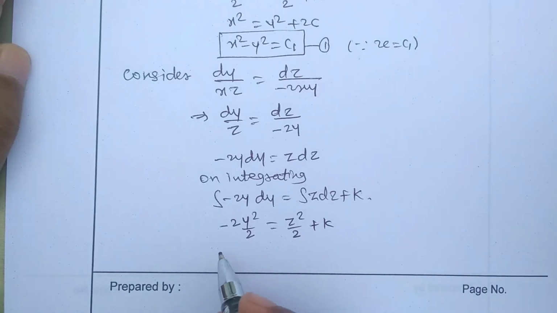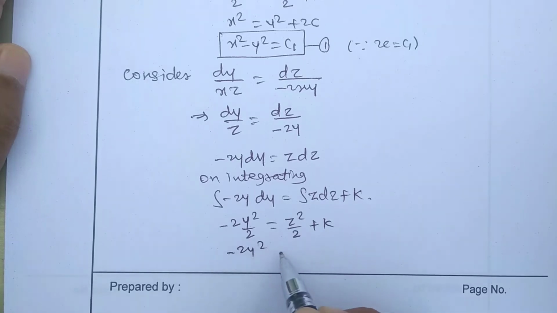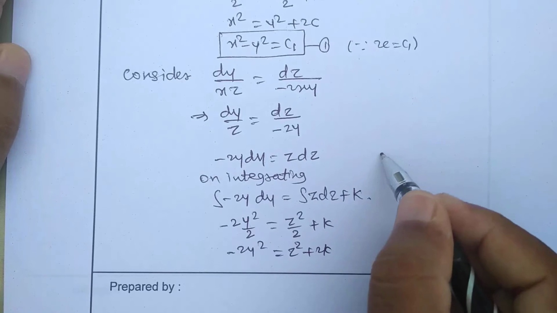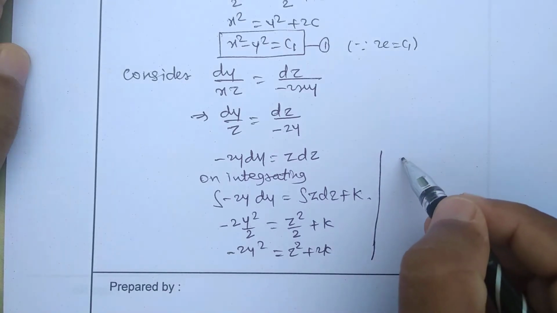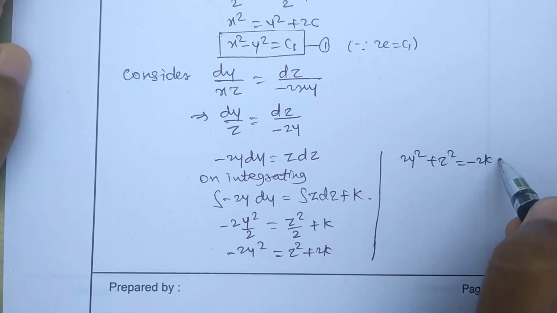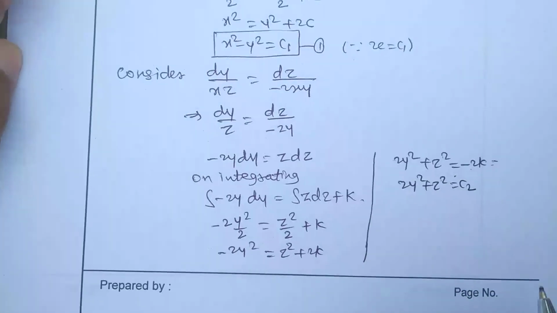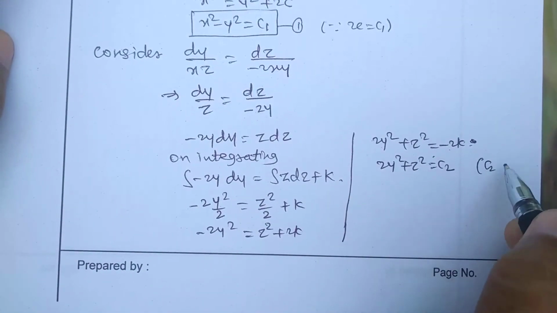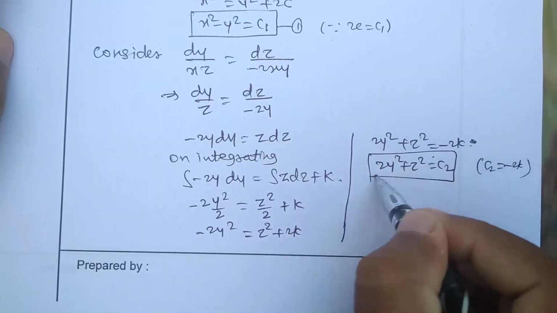Multiply by 2, so you will get minus 2y square equals z square plus 2k. That can be written as 2y square plus z square equals minus 2k, or 2y square plus z square equals c2, since the value of c2 is minus 2k. So this is our second solution.